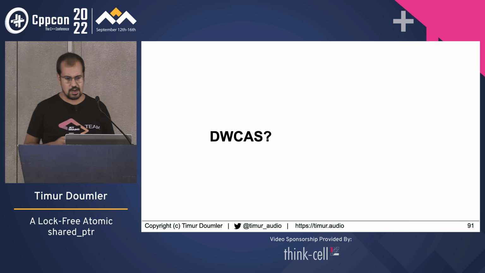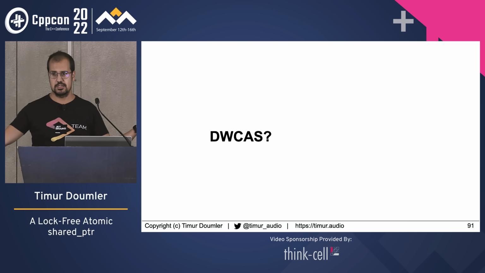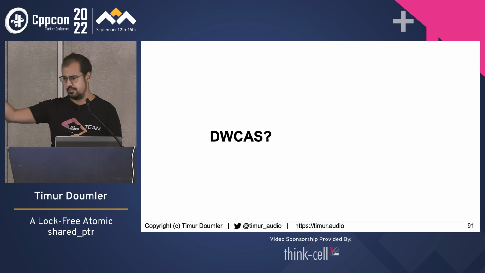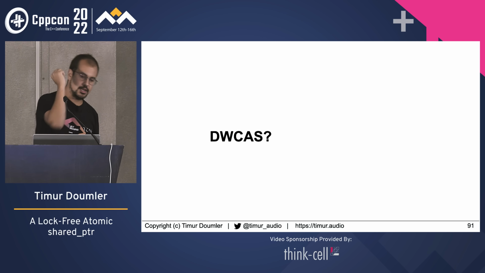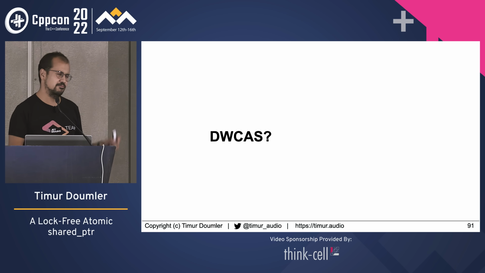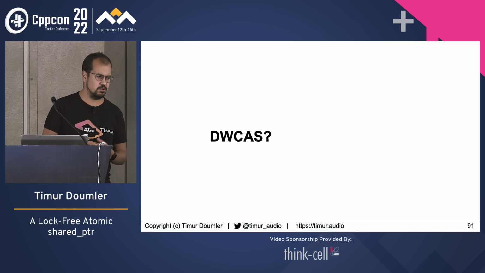And then again, I ran into this thing where different experts were telling me different things. I had lots of CPU people telling me, oh yeah, double width compare and swap, every modern Intel CPU, ARM CPU supports this, no problem. Every machine has this, you can rely on this being there. And then I had C++ people who were saying, double width compare and swap, oh no. In general, you don't have that.